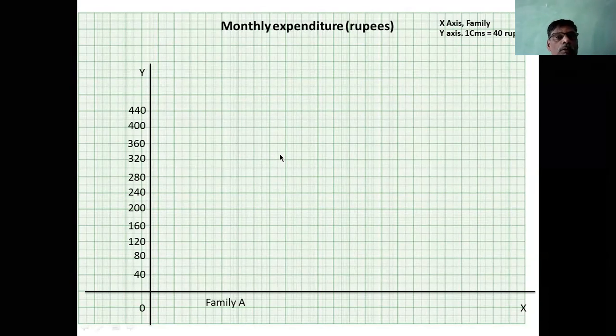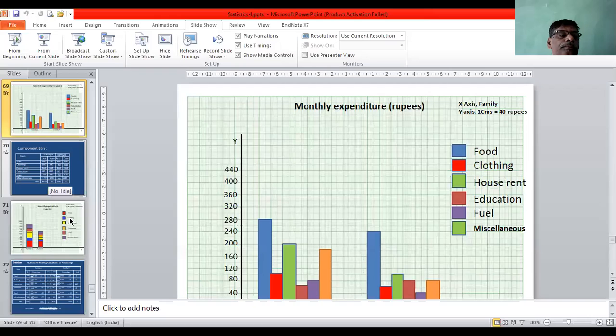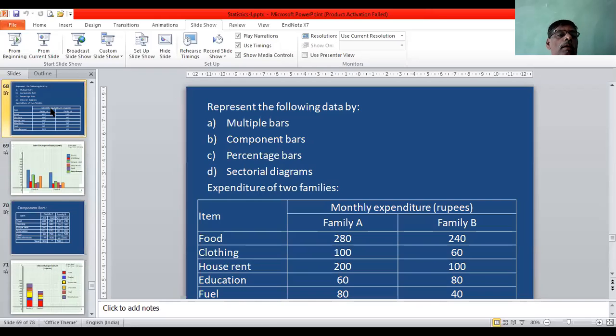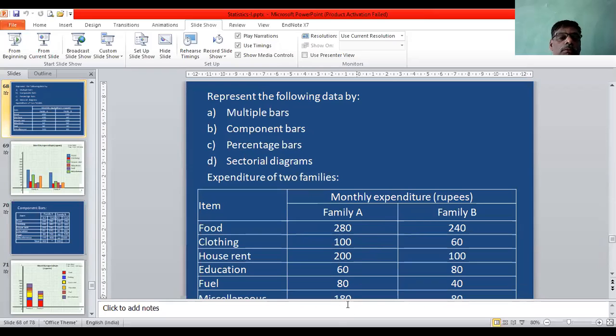One more thing I would like to say here. The y-axis must cover the maximum value of the frequency component. On the basis of the maximum value of the component, you have to fix the y-axis.